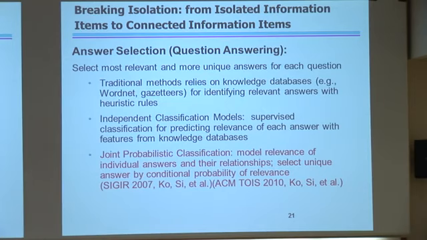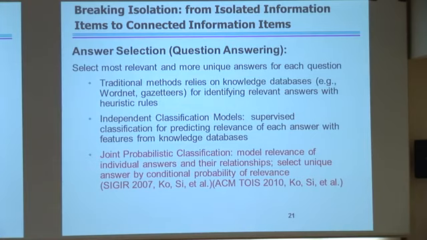For example, some research utilizes independent classification models, like a logistic regression model: given a user question and answer candidate, extract features, and predict whether this candidate is relevant to the user question or not. This is the independent classification model.